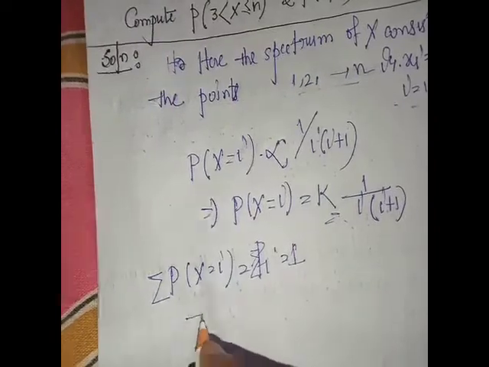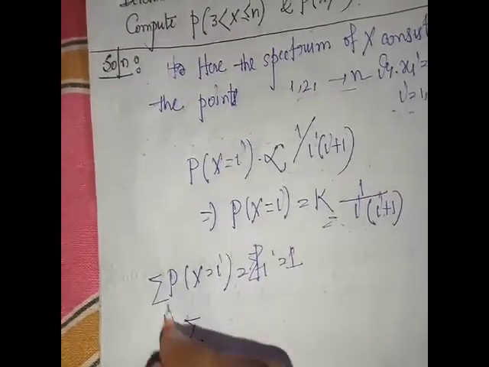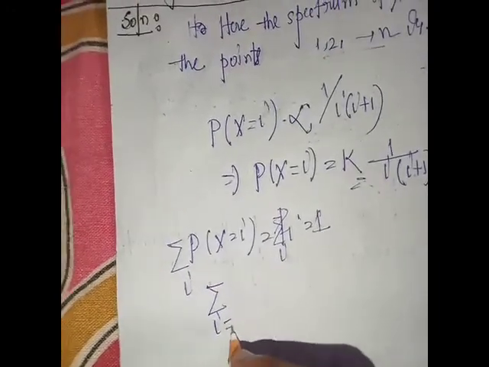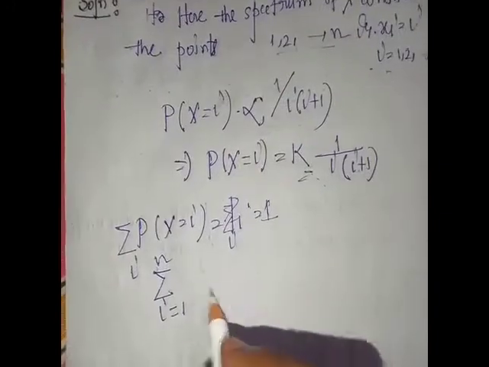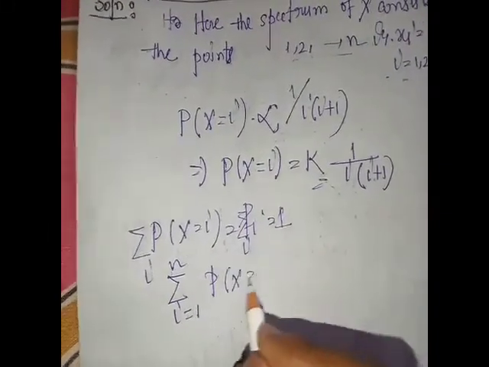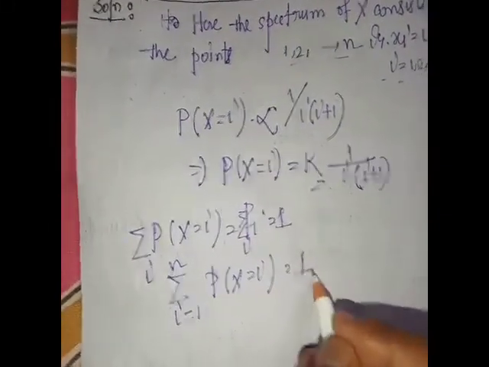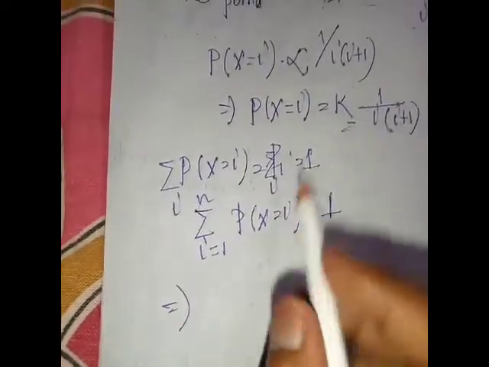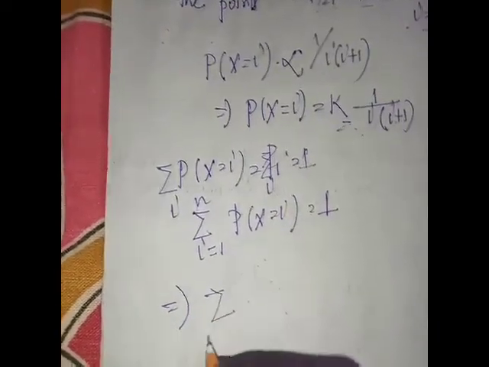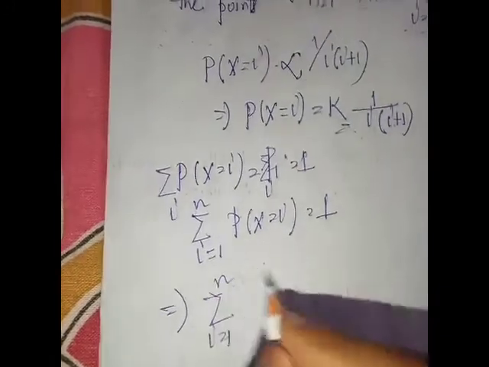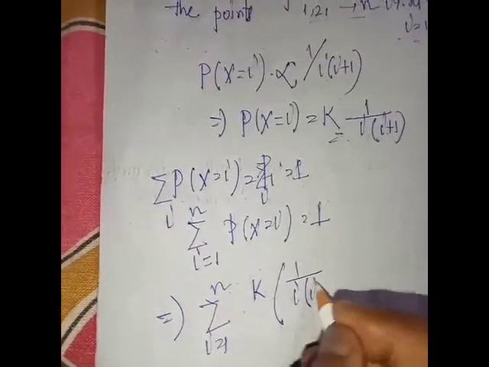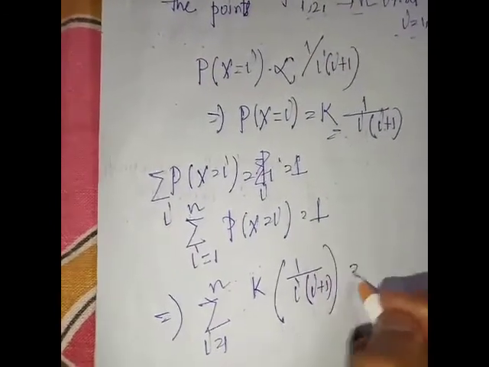So let us take the summation, with i running from 1 to n, of P of X equal to i, which is 1. Putting P of X equal to i, we get k into the summation of 1 by i into (i plus 1) equal to 1.